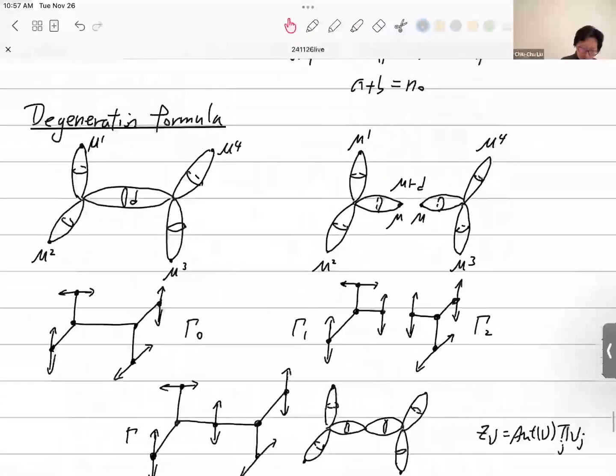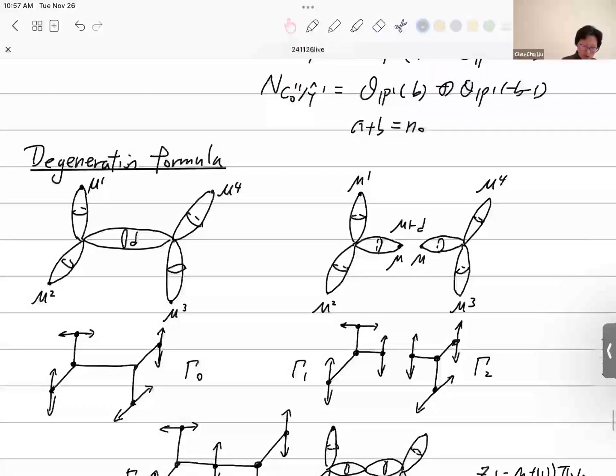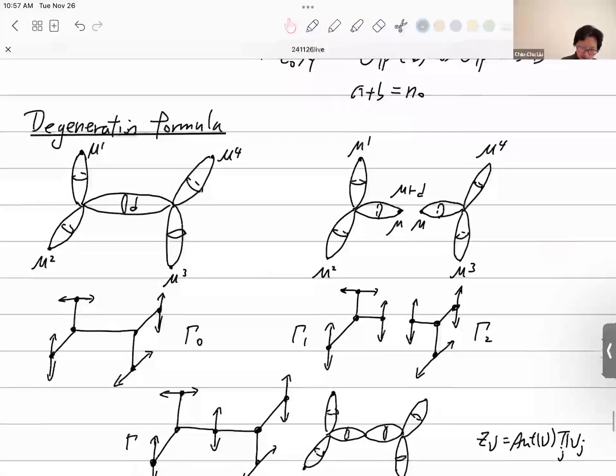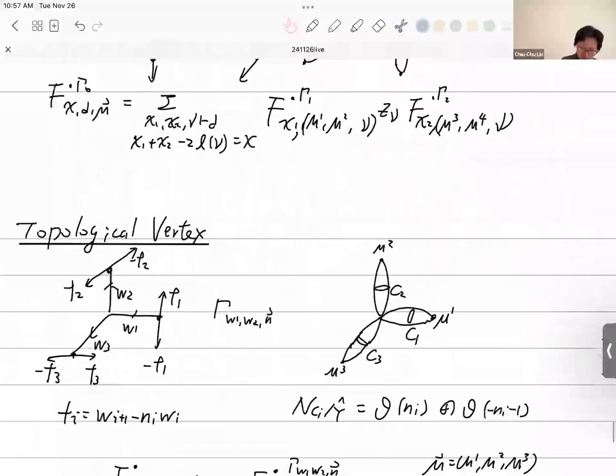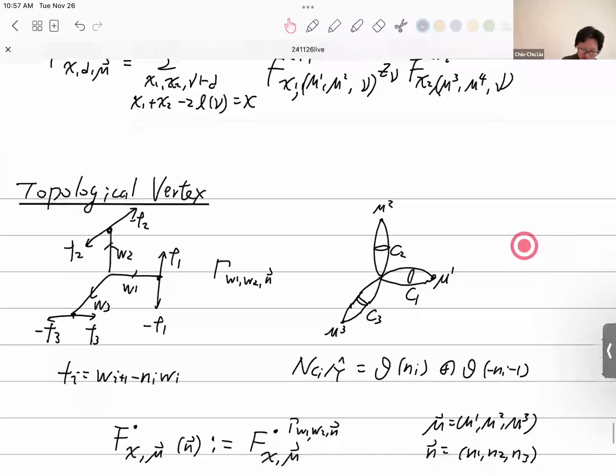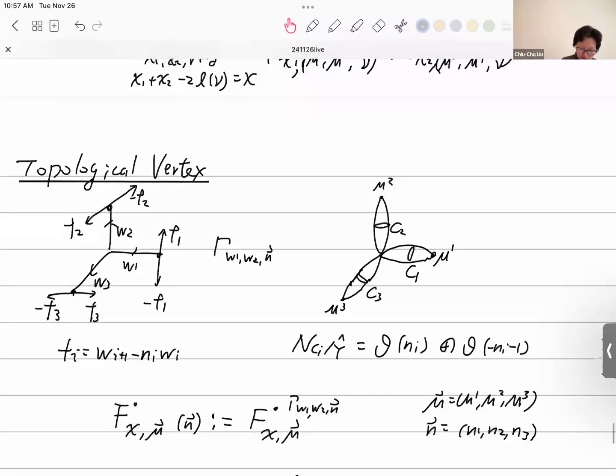So then we see that if you are given any toric Calabi-Yau threefold, we just keep on degenerating. And then the building block will be like this, right? This is our replacement of the open Gromov-Witten invariant of C3.